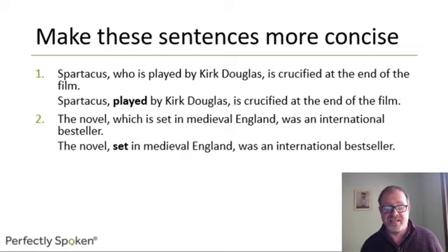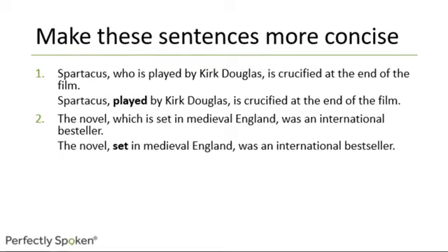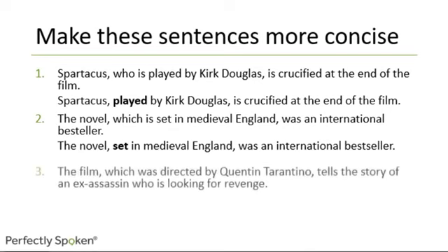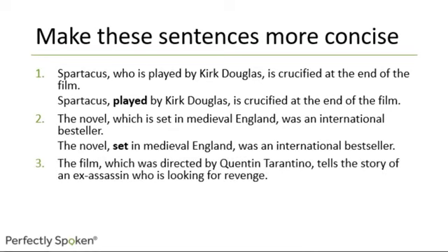The novel set in medieval England was an international bestseller. Okay, for the next one, I'm going to disappear so you can see it well. The film, which was directed by Quentin Tarantino, tells the story of an ex-assassin, someone who you pay money for to kill, who is looking for revenge.